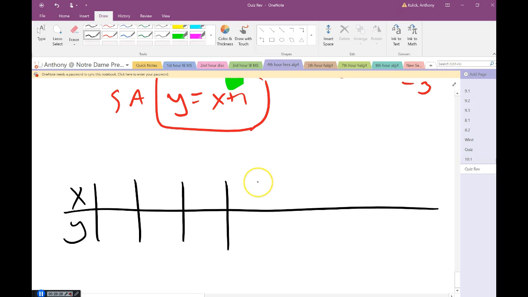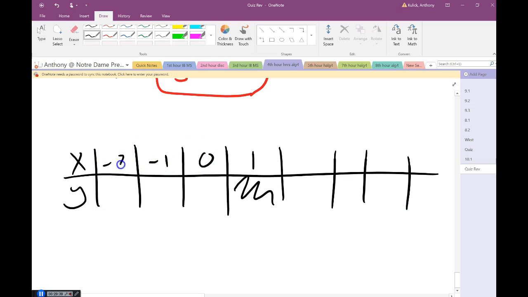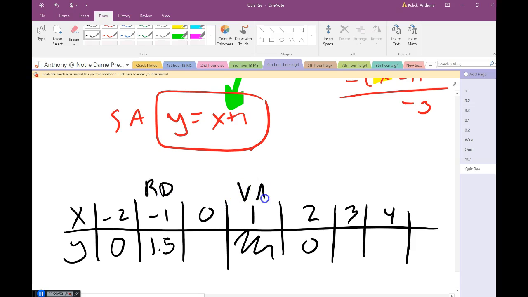So 1, 2, 3, and then my vertical asymptote is at 1, right? Yeah. So there's that. Good to there.